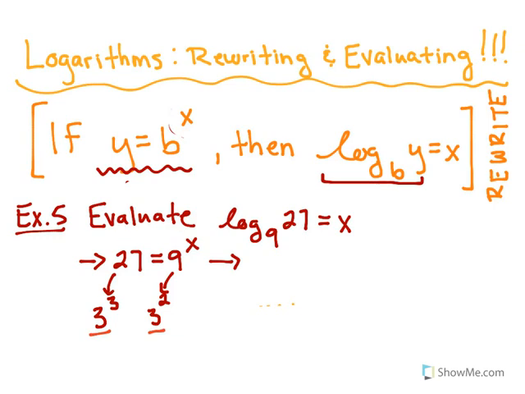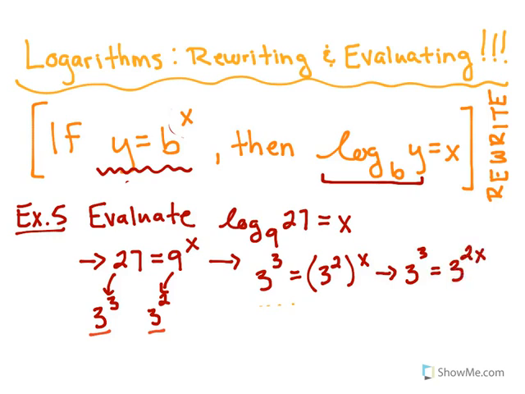So this is going to have to be how we rewrite this. And when we do that, I'm going to write it just as it is over here. So 3 cubed equals 3 squared to the x power. So I'm going to clean this up, and I'm going to say 3 cubed equals 3 to the 2x.